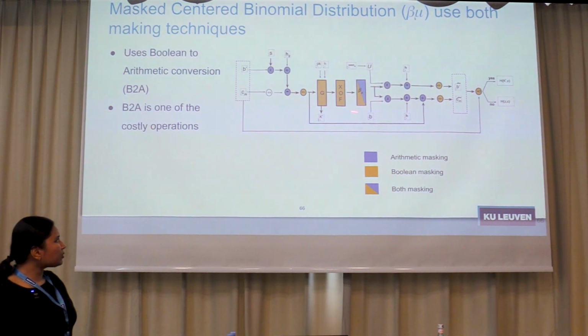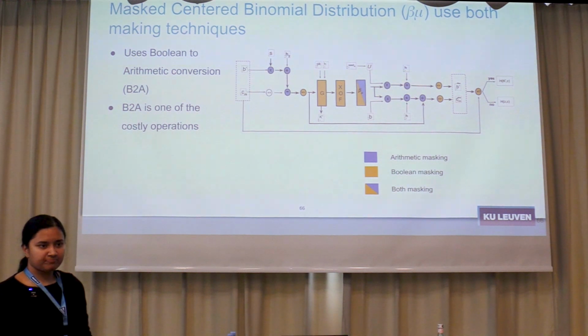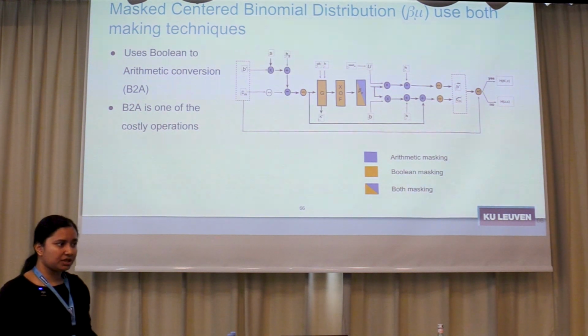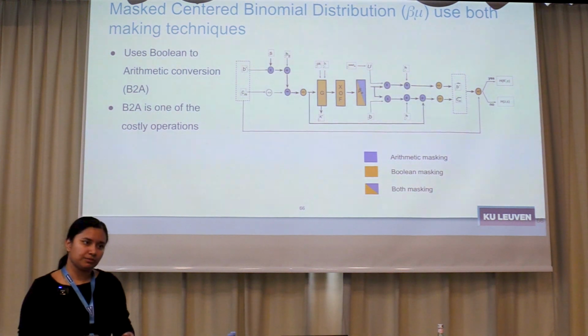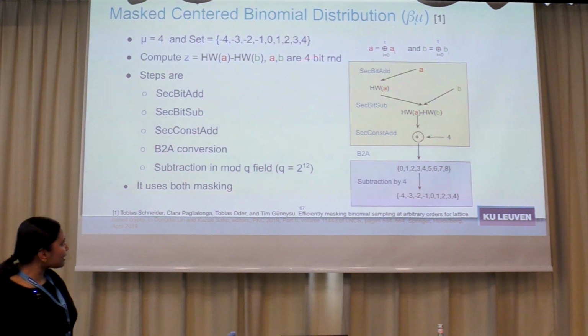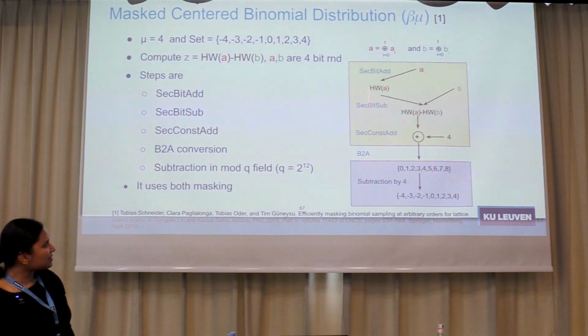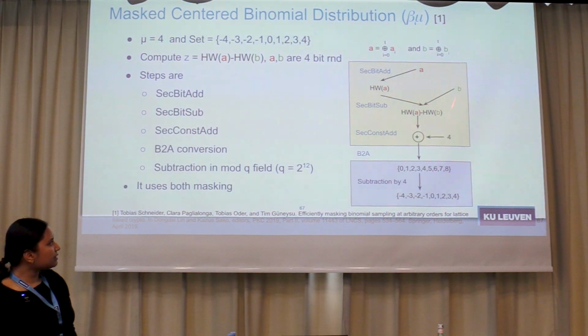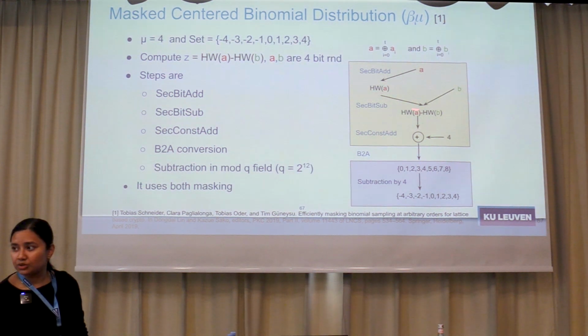The centered binomial operation is very cheap, but if you have both Boolean masking and arithmetic masking, then it becomes cheaper, okay? I have those slides, but as you can see, this is the whole centered binomial distribution. Here in this part you have Boolean masking, and we can do all the operations, like the Hamming weight and subtraction I mentioned, with Boolean masking.